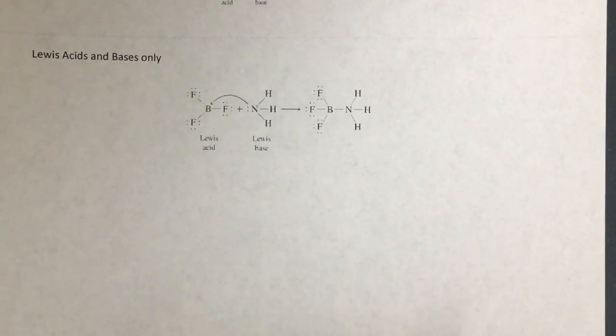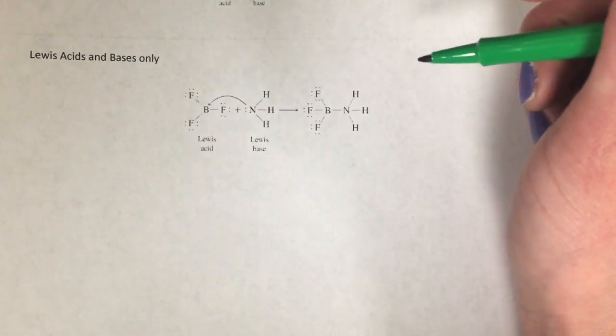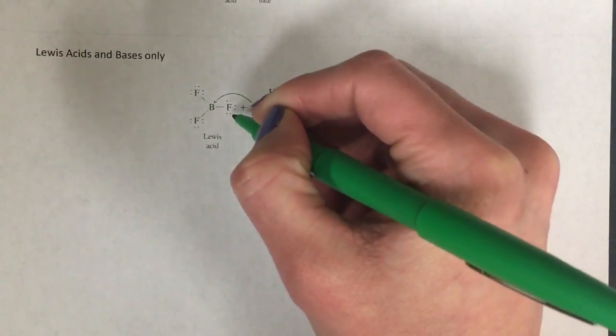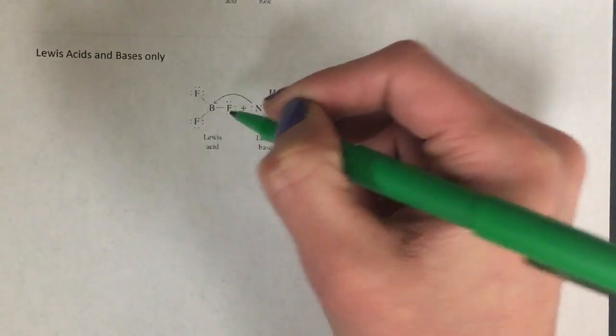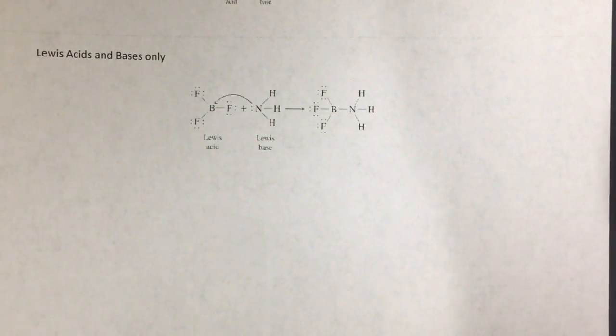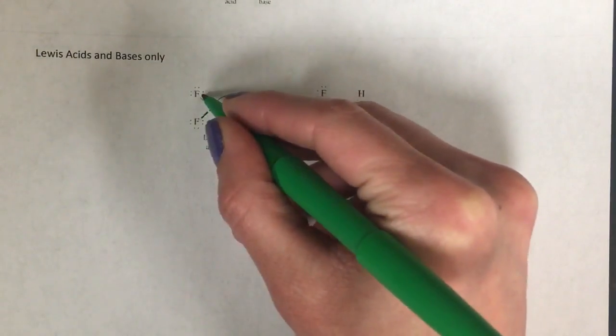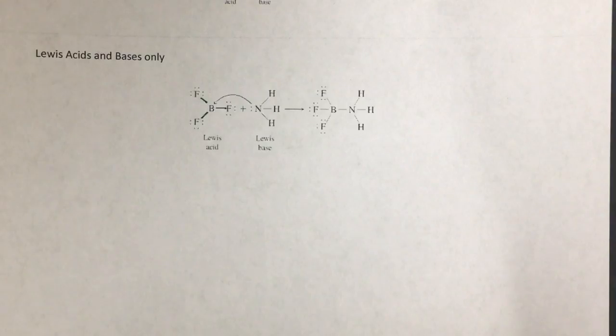If I look at my third example, here we've got something that's a little different. Now, boron trifluoride was an example that we looked at that was an exception to the octet. Boron does not have 8 valence electrons in this stable atom. It only has 6.